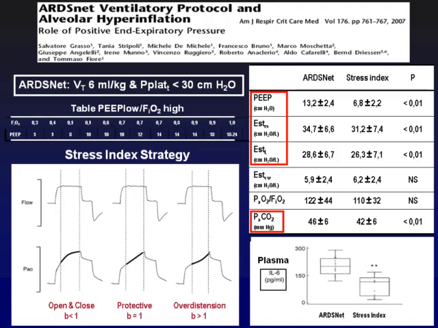And I chose that study from Salvatore Grasso, that again, using tidal volume 6, and looking at the pressure as a function of time tracings in this group of patients, they found that they could present with an open and closed pattern, a protective pattern, and overdistension.